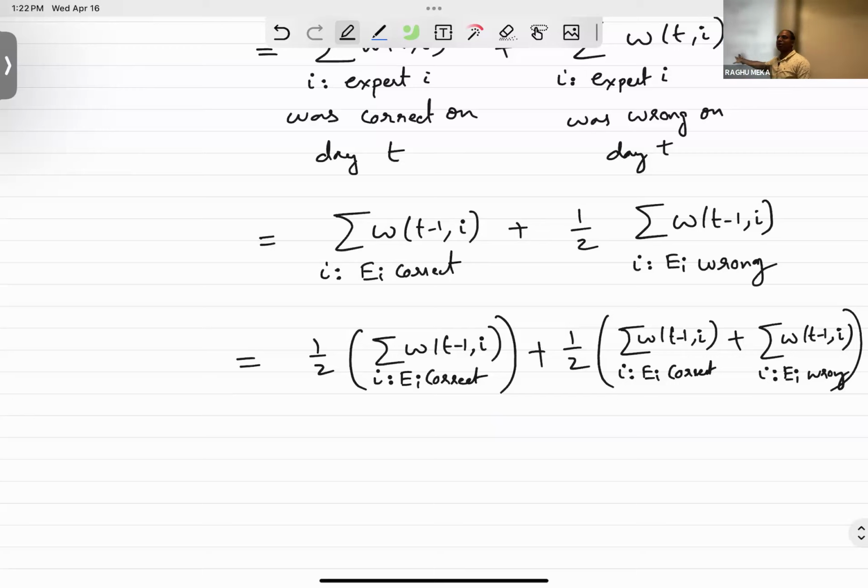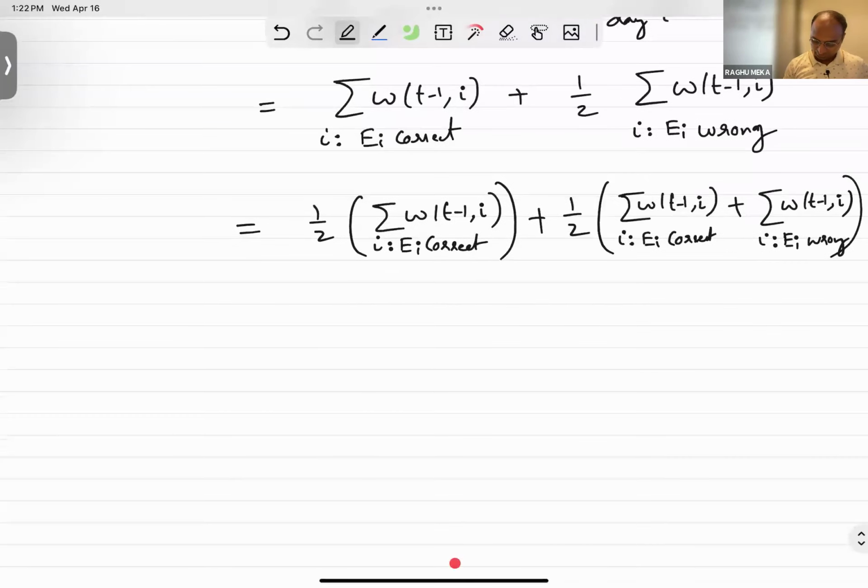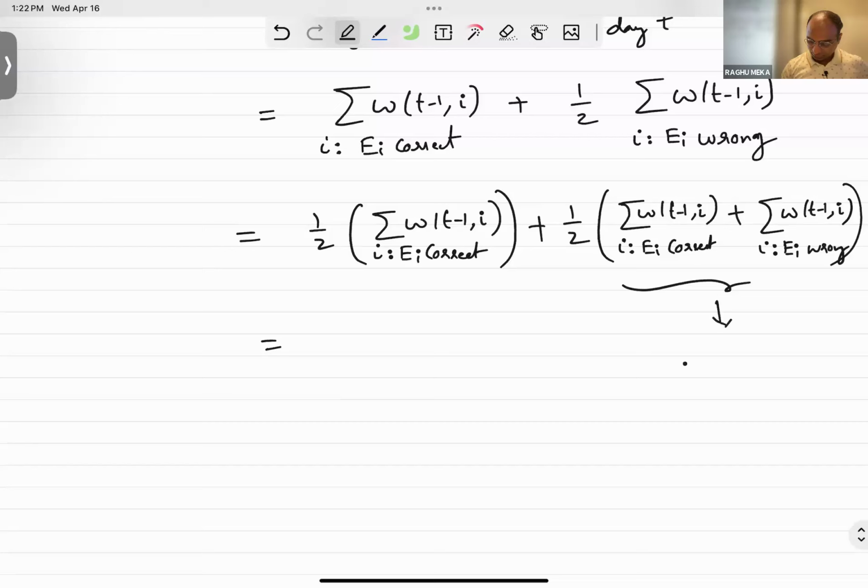And this is just the sum of all the weights of the experts. So I just get phi of t minus 1 times a half here.